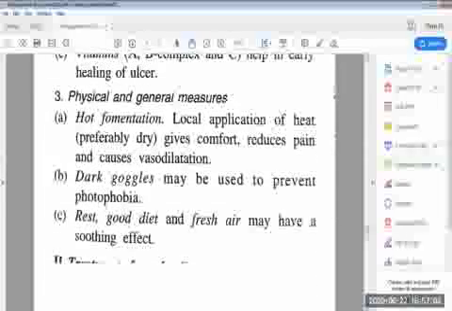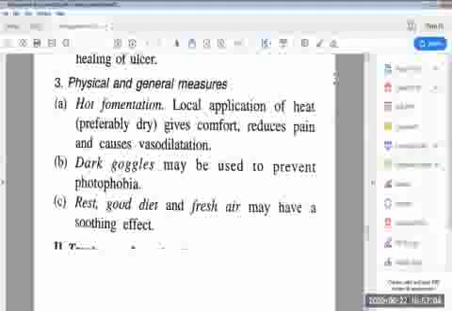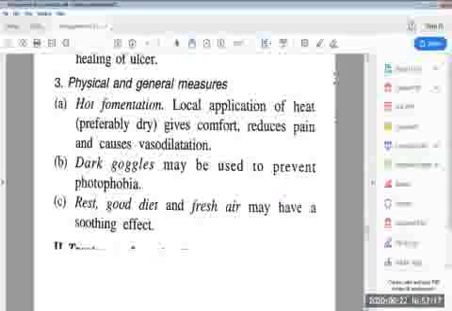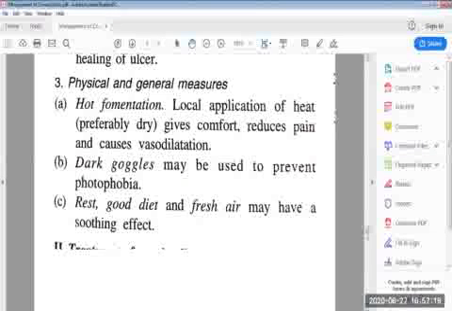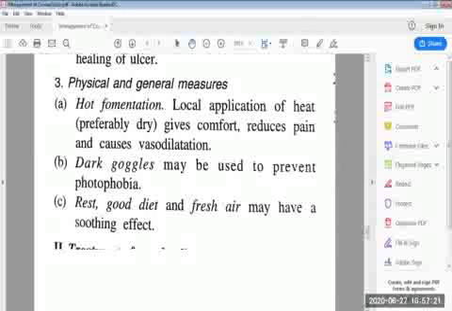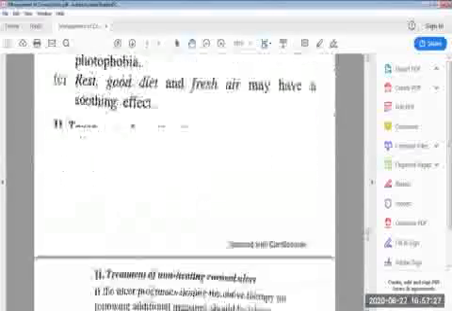And then next is the physical and general measures. Hot fomentation. The local application of heat, preferably the dry heat, gives comfort, reduces pain and causes vasodilatation. Then dark goggles may be used to prevent photophobia, and rest, good diet and fresh air may have a soothing effect on the patient.